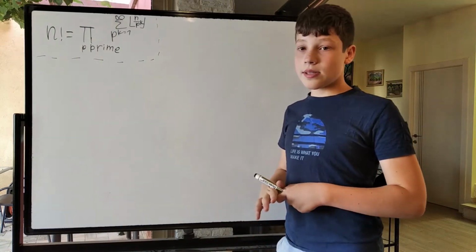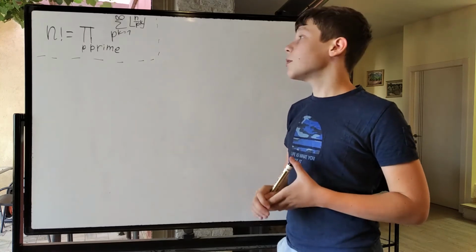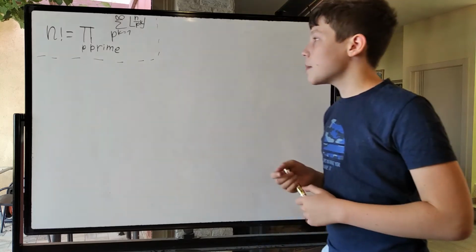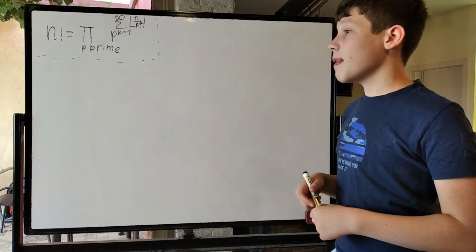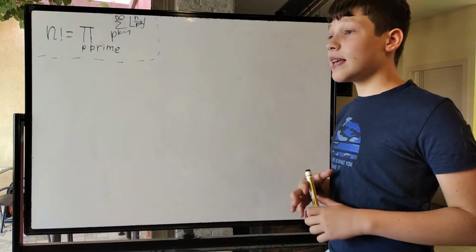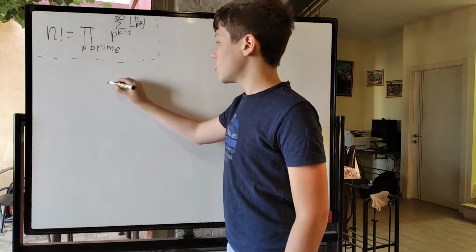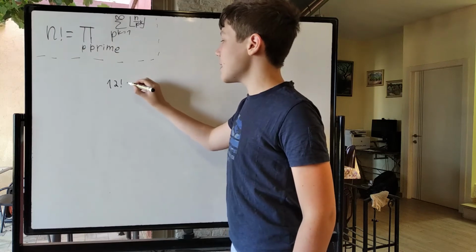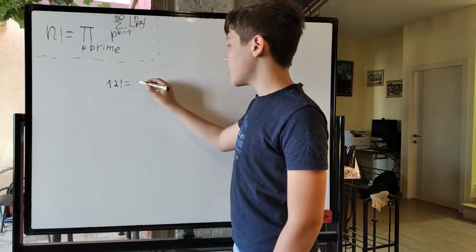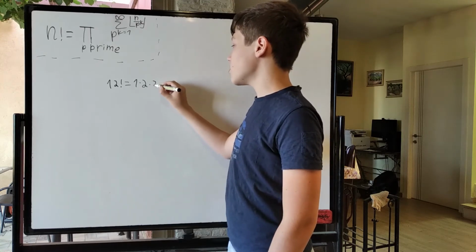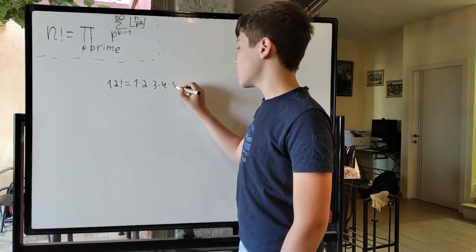So let's begin. So let me pick a simple, easy prime. How about the smallest one? 2. So what we want to do is, let's look, for example, at 12 factorial and see how we find its prime factorization. So 12 factorial is 1 times 2 times 3 times 4.